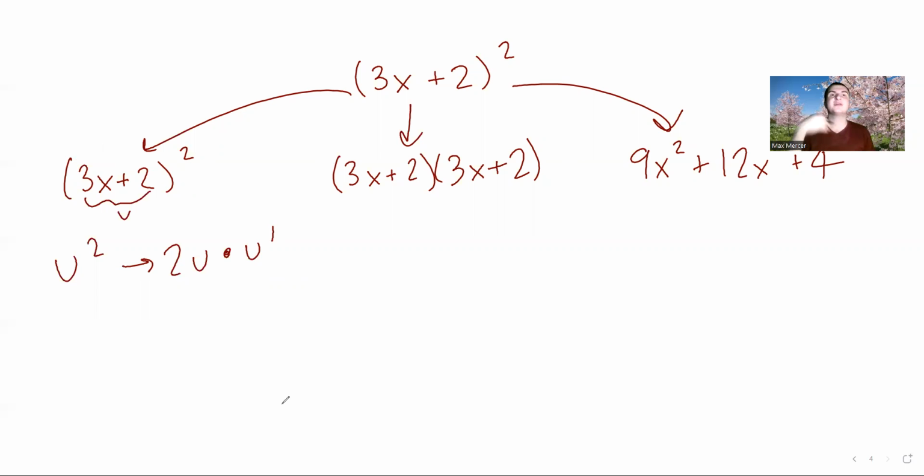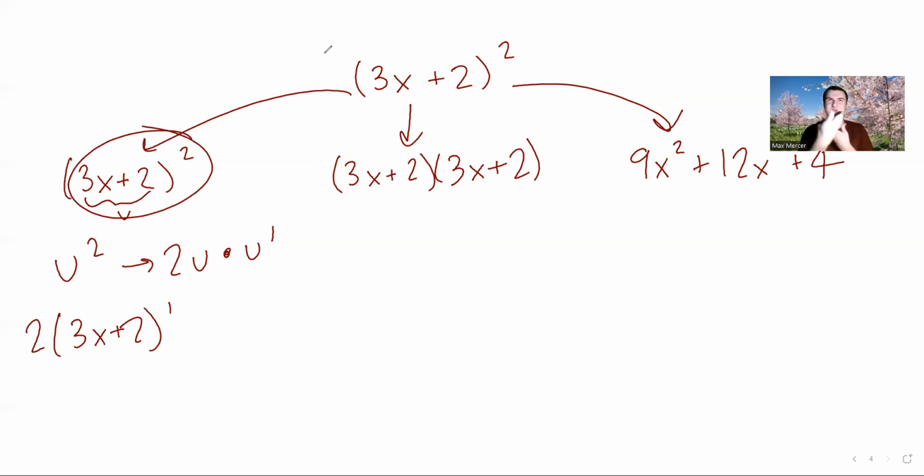Then we know that we have the shell, which is that we're squaring something. When we square something like x squared, for example, the derivative is 2x. So we take 2, and instead of x, we'll write that original thing, the inside thing. So 2 times (3x plus 2). This is to the power of 1, because we subtract 1 from the exponent. Here we use the power rule on a larger thing.